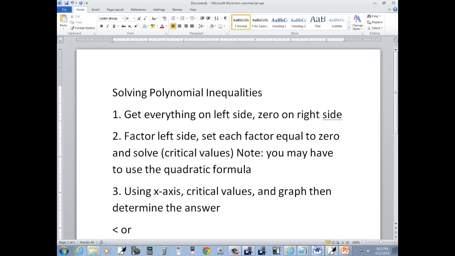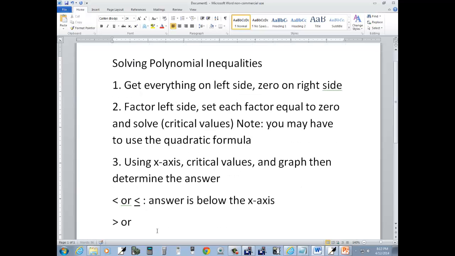If we got less than or equal to, then your answer is below the x-axis. If you got a greater than or equal to, your answer is above the x-axis.